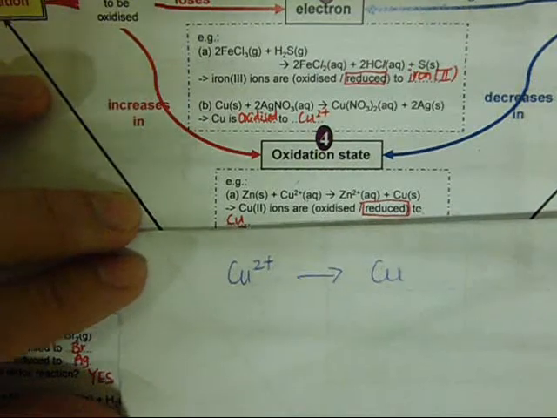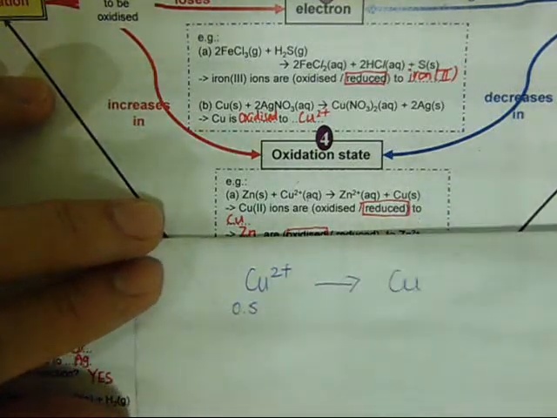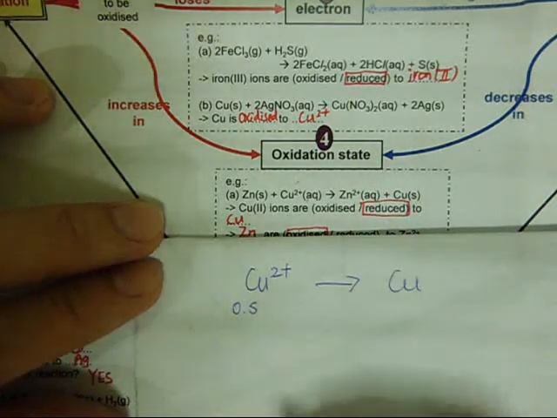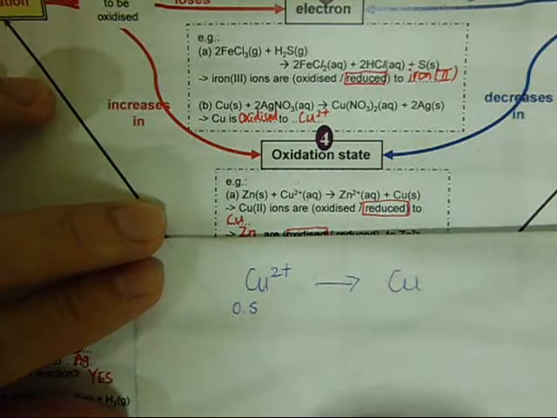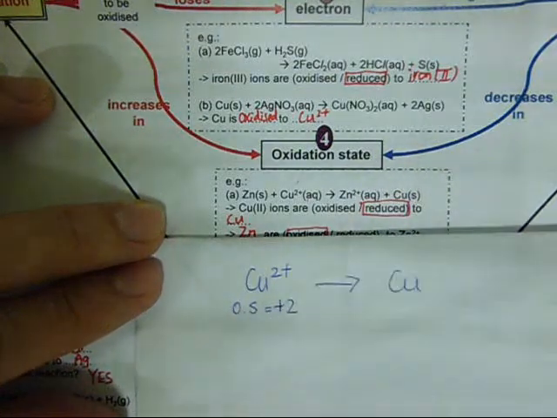In this method you have to look at the oxidation state. So what is the oxidation state for copper 2 plus? Remember, the oxidation state of a substance is the same with the charge of the substance, just that the sign is reversed. Instead of 2 plus, the oxidation state is +2.